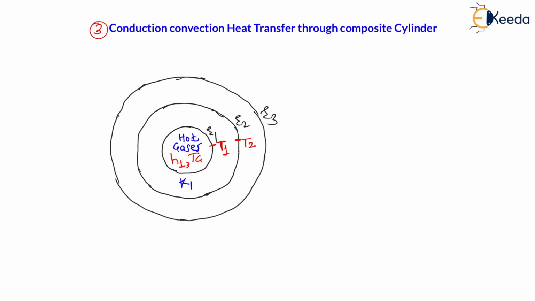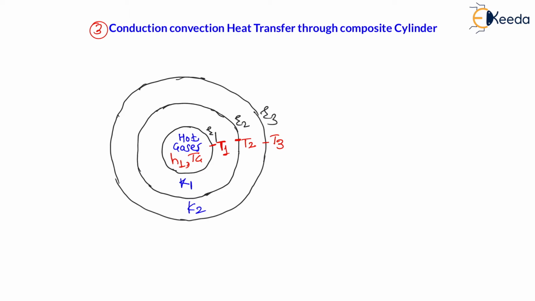Therefore, between T1 and T2 there is conduction heat transfer, and between Tg and T1 there is inside convection. Again, the second cylinder has thermal conductivity K2 between temperatures T2 and T3. Let us say the outside surface temperature of the second cylinder is T3.